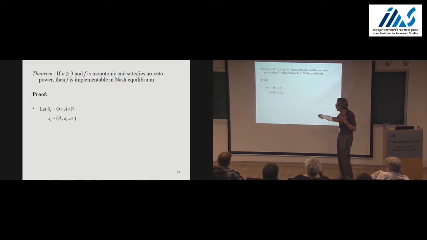I is also going to propose an outcome, AI, and then for tie-breaking purposes, and this will be used only when we need a tiebreaker, player I is also going to announce a positive number, MI.